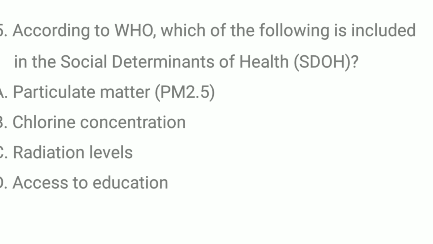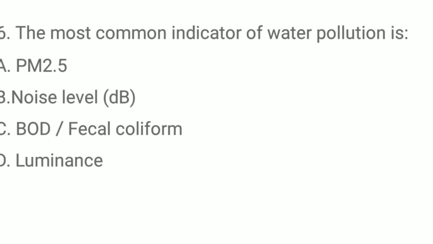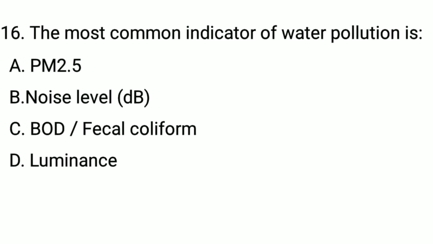Question number 15. According to WHO, which of the following is included in the social determinants of health? The right option is option D, access to education. Question number 16. The most common indicator of water pollution is.